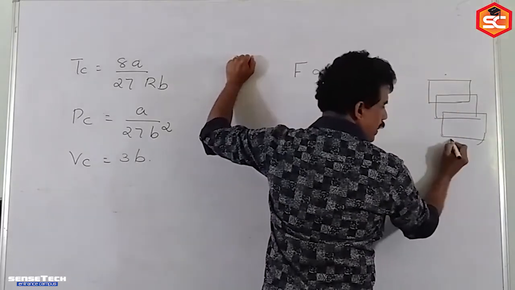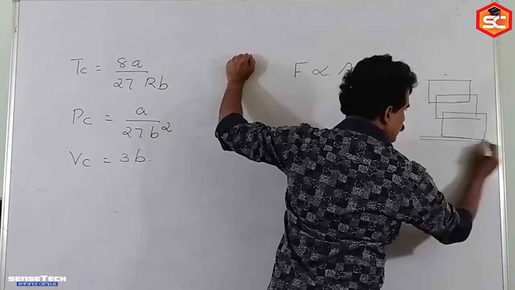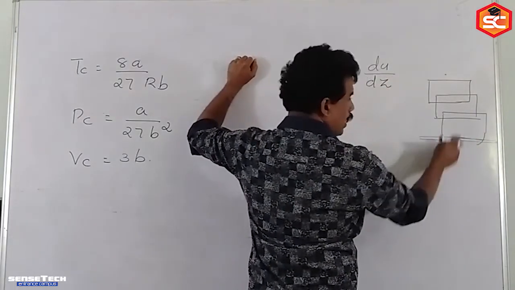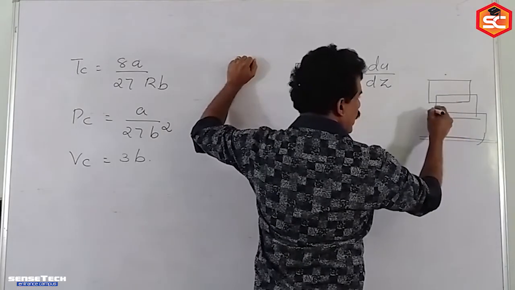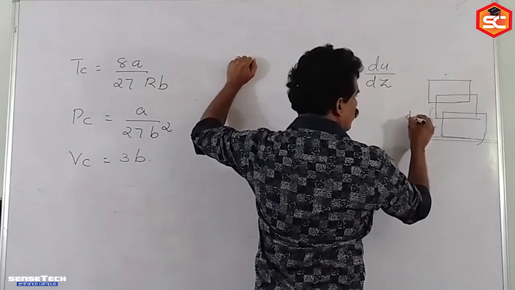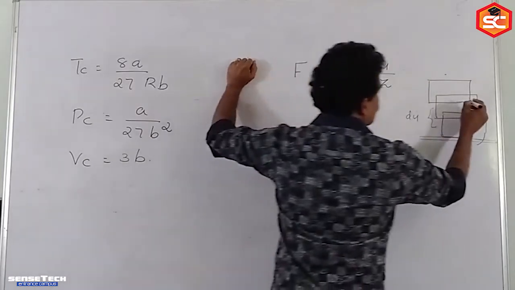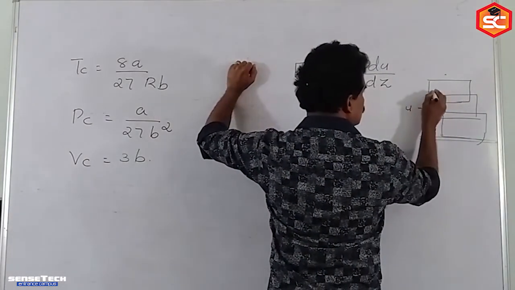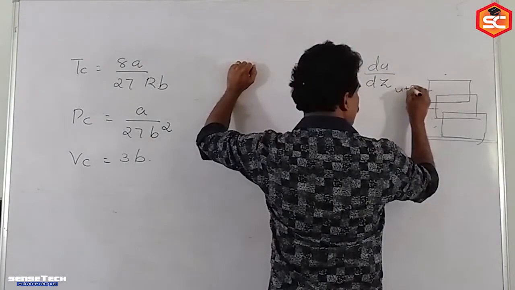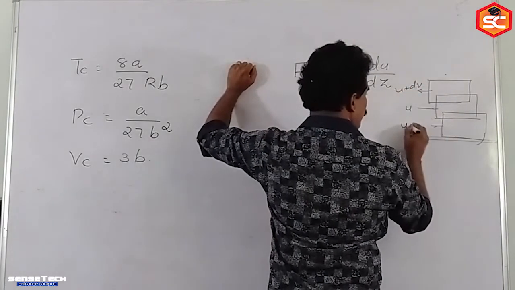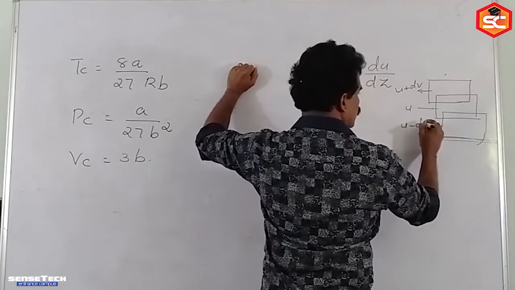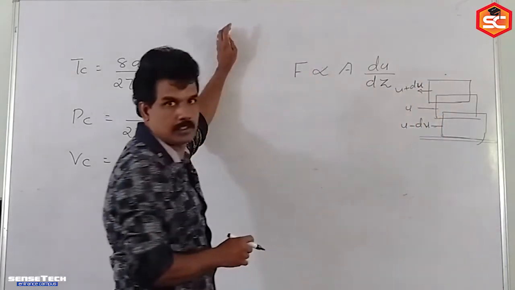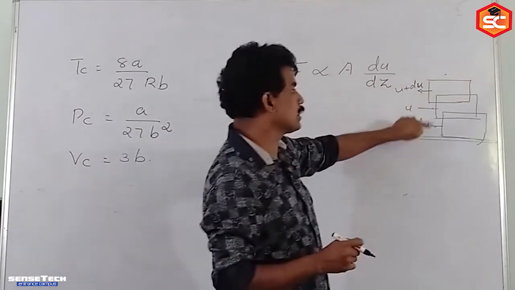The layer in contact with the surface has the least velocity due to friction, and the change in velocity between two layers we take as du, the velocity gradient. If the second layer has velocity u, then the next layer will be u plus du and the other u minus du. Du is the change in velocity. There is a gradual variation in their velocity.